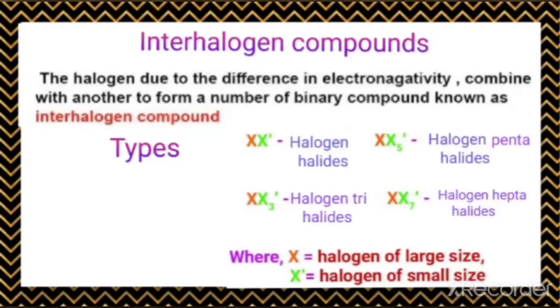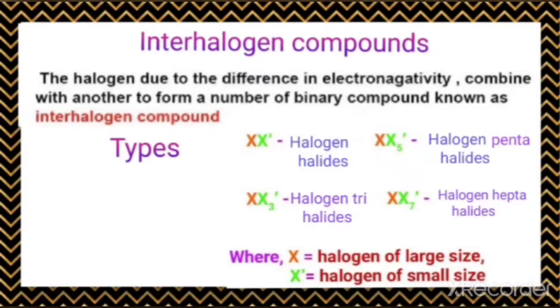XX dash is called a halogen halide. XX dash 3 is called a halogen trihalide because of 3 halides. XX dash 5 is called a halogen pentahalide and XX dash 7 is called a halogen heptahalide, depending upon the number of halogens as halide here. So those are the 4 types of interhalogen compounds.